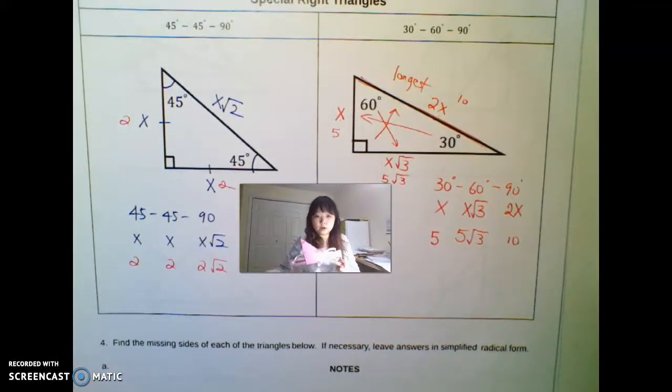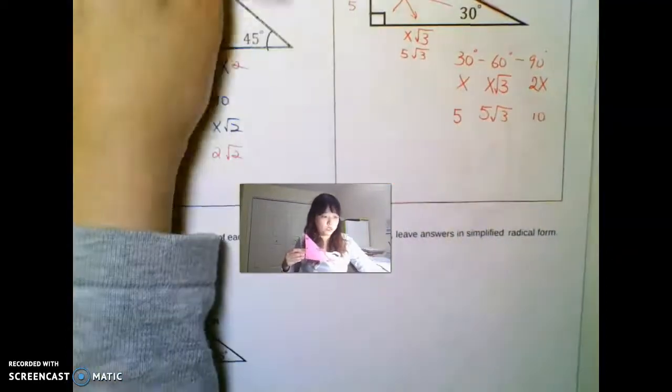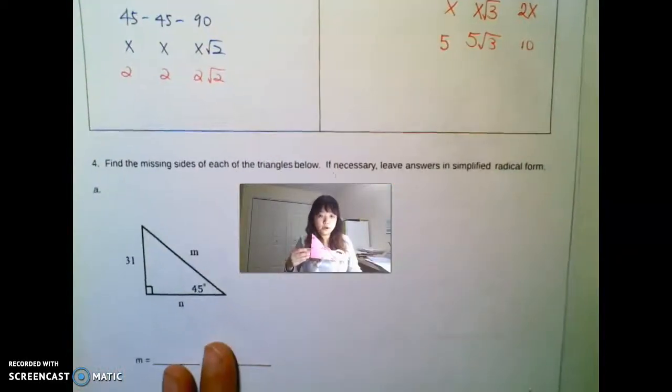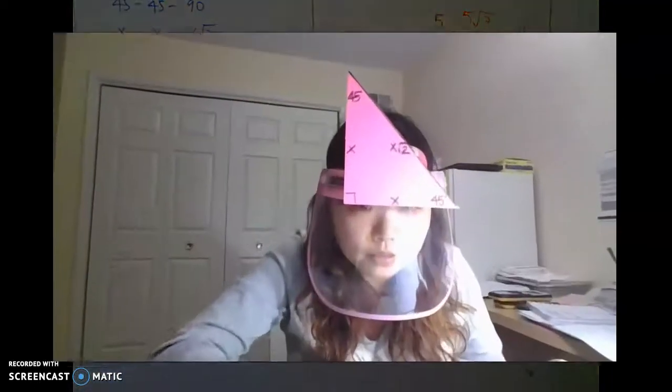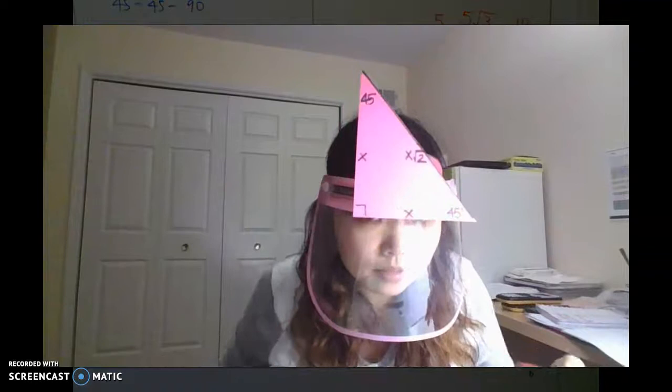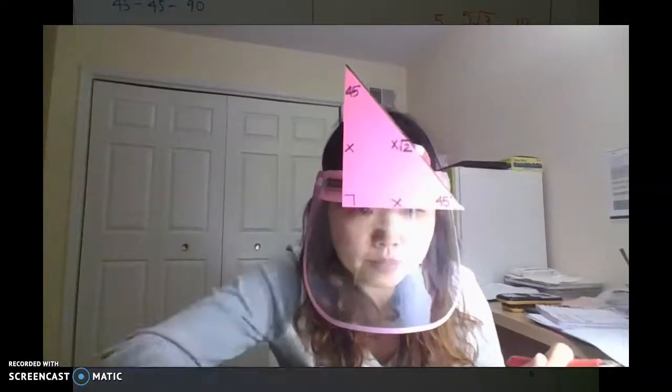So first, you have to decide which triangle we have. Look at 4A. Which one do we have? We have this one. Let me see if I can show you. Ta-da! There. We have 45, 45, 90.